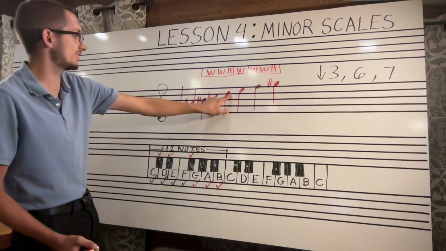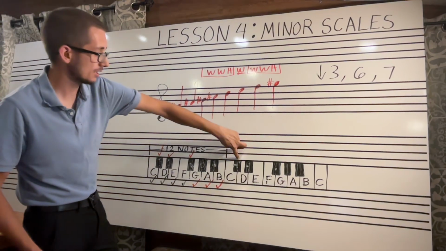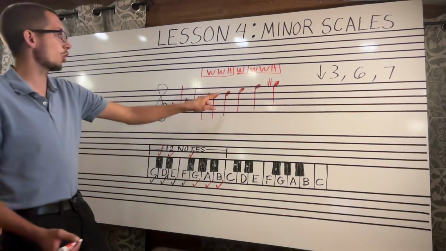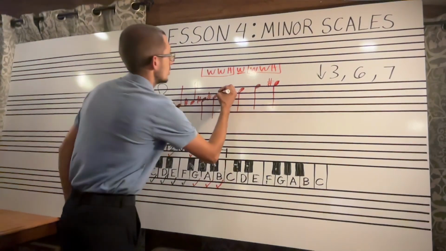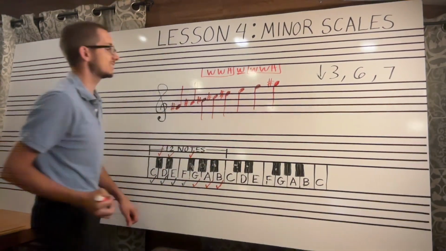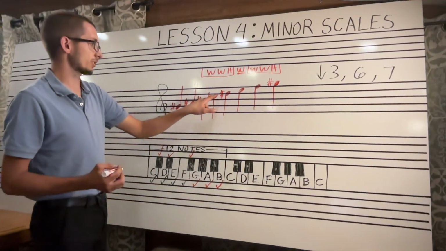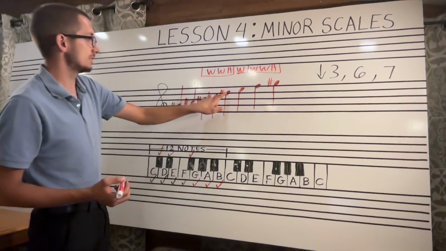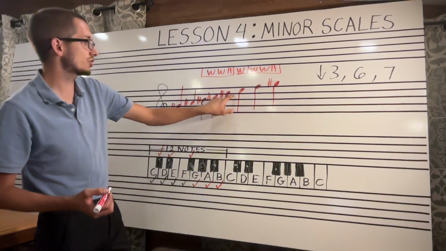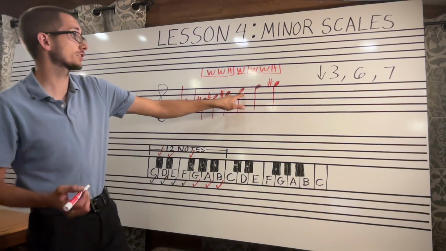Now C sharp to D, C sharp, D, that's a half step. We need a whole step, so we need to put a sharp sign next to this D in order to increase that to a whole step. D sharp to E, we need another whole step.